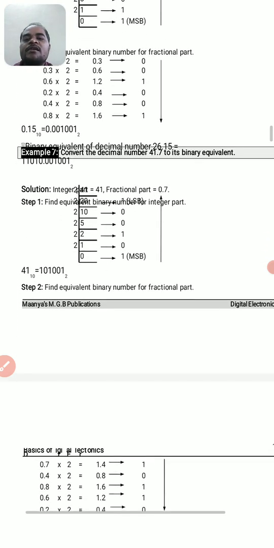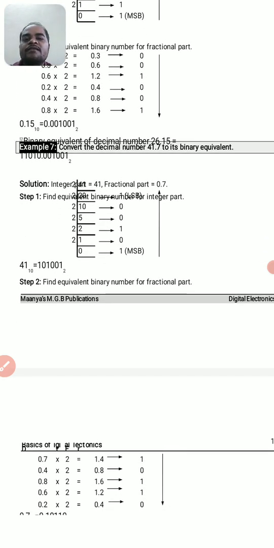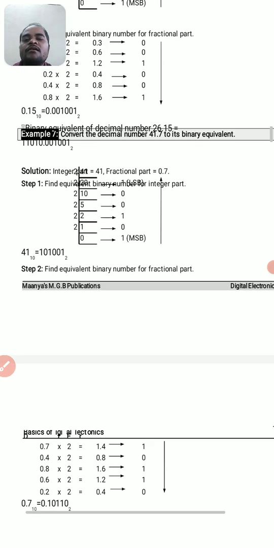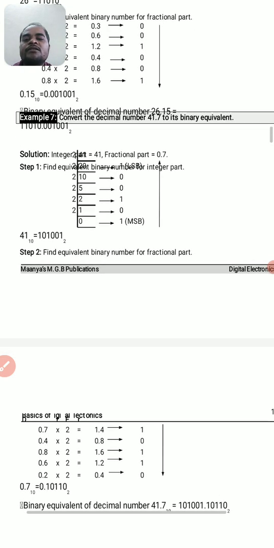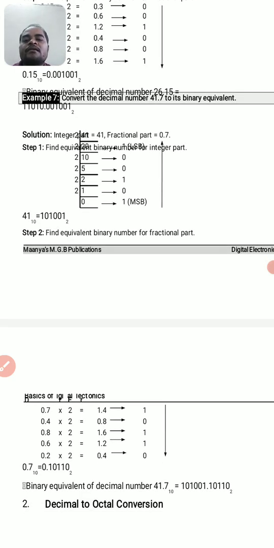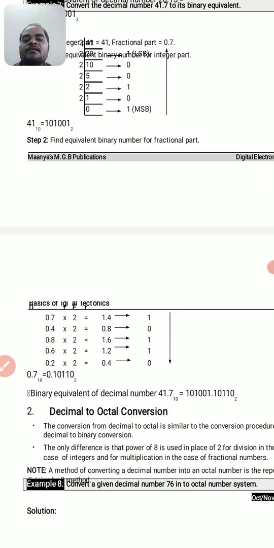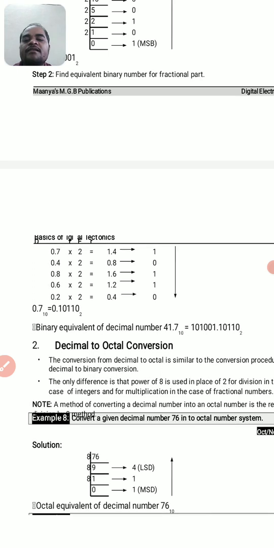The next example given is 41.7. It also contains both an integer part and a fractional part. The integer part is successively divided by 2, and we get the result 101001 base 2. For the fractional part 0.7, we get the result 0.10110.